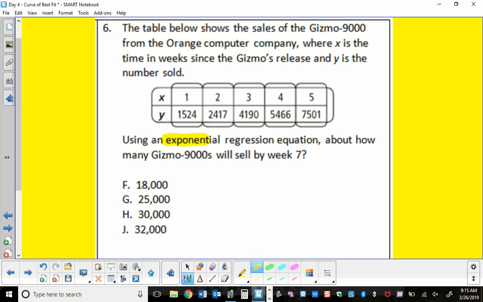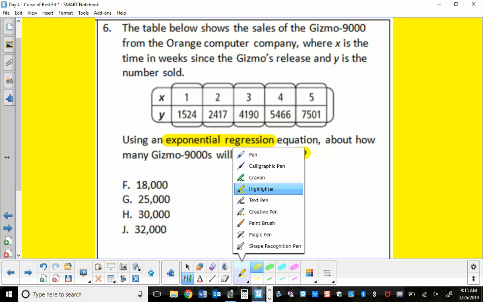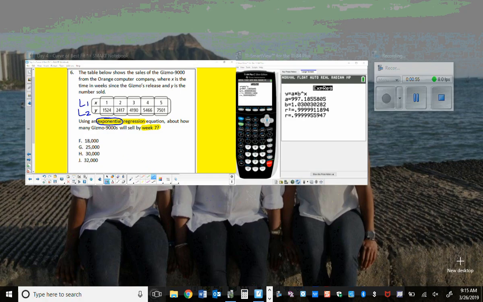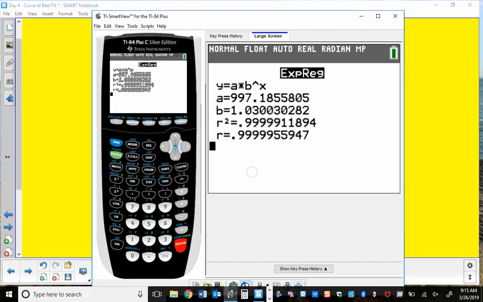This is what I mean by read what they're asking you to do. Which regression do I need? I'm only going to check exponential. They told me I'm only using exponential. This is my L1, my Y is my L2. Grab your calculator and let's put this information in.